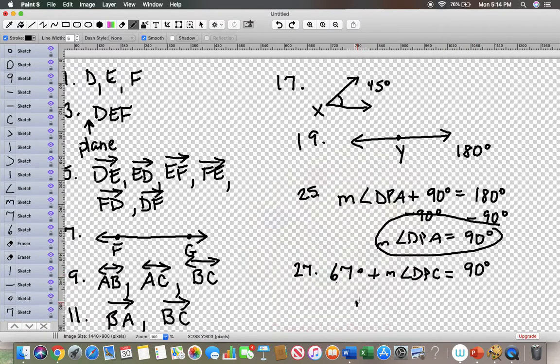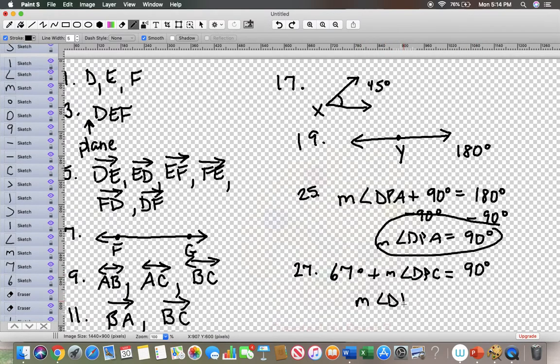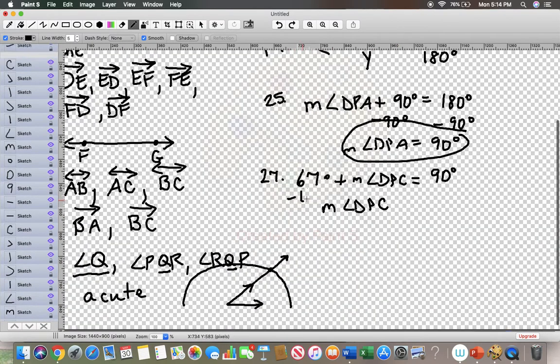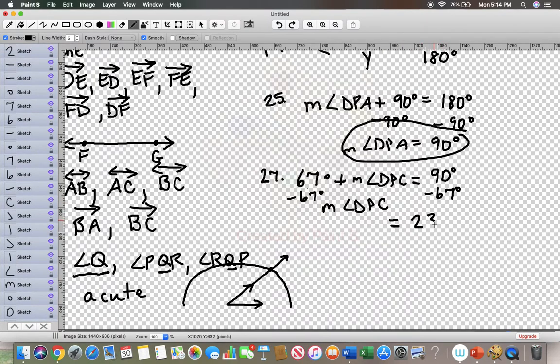Can I find my missing angle measurement of angle DPC? Yes, I can. Subtract 67 from both sides, and the measurement of angle DPC is equal to, what is that? 23 degrees is your answer.